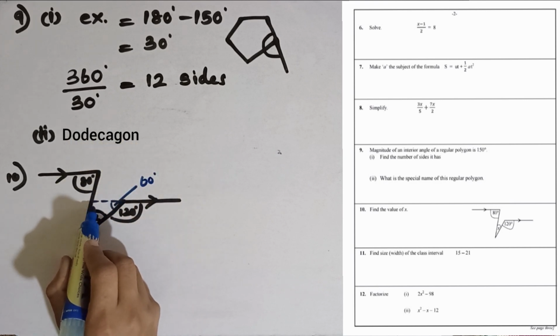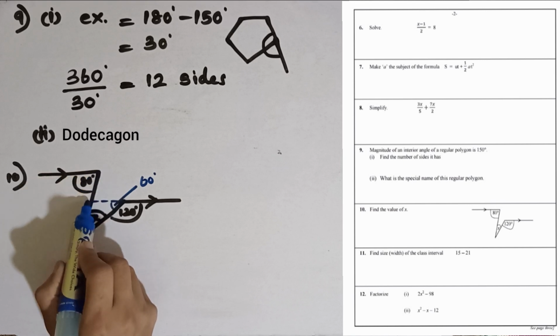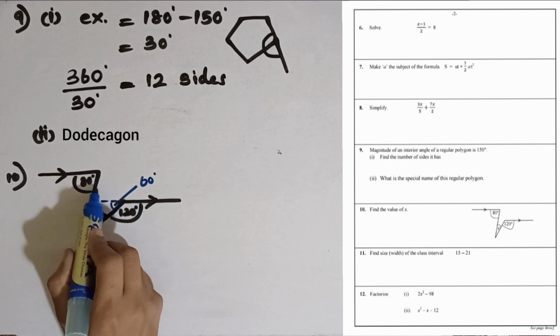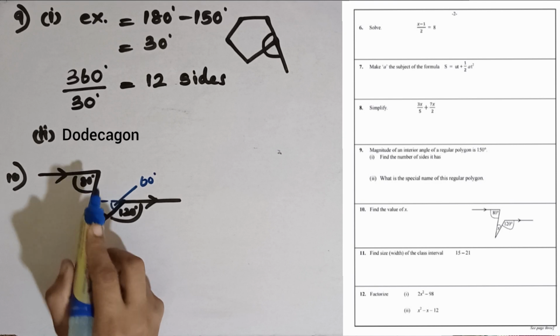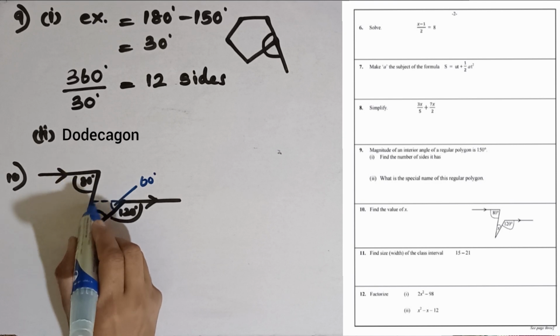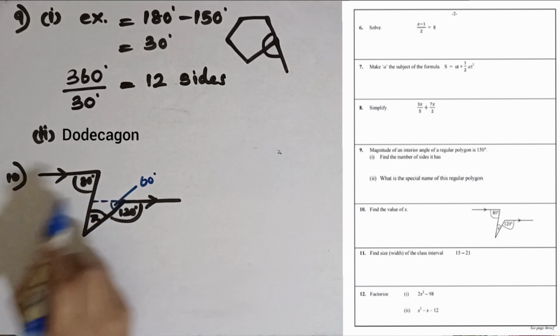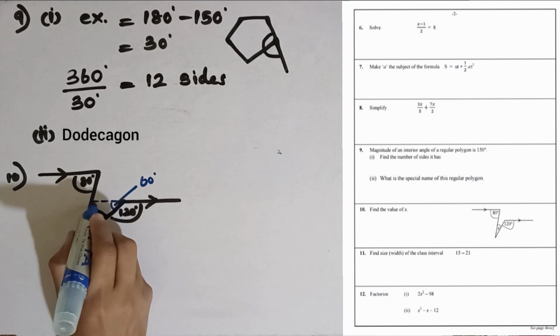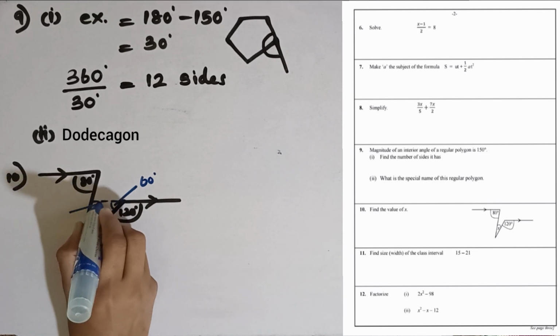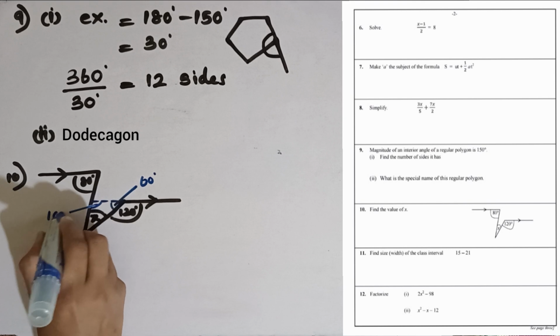Then how to find the magnitude of this one? As these two are alternate angles, this magnitude is 80. As the sum of these two angles is 180, this one is 100 degrees.